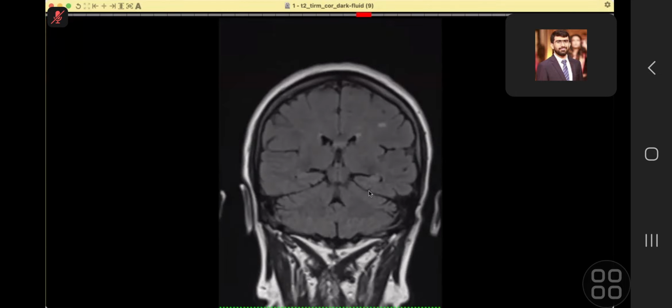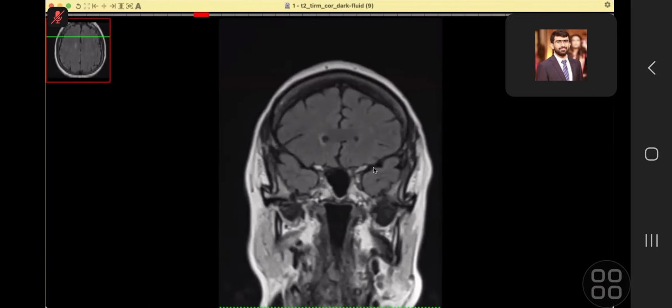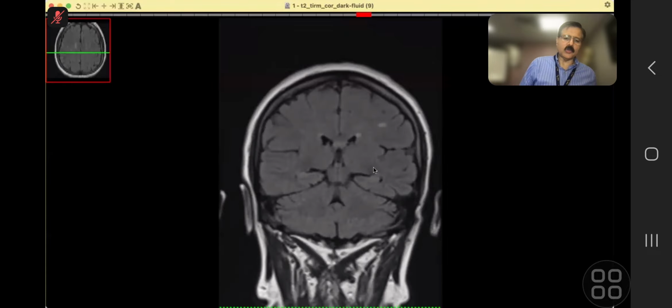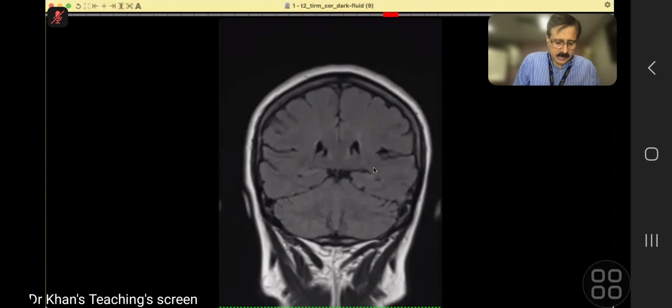These hyperintense signals are involving the subcortical white matter. These abnormal hyperintense T2 FLAIR signals are randomly distributed. So I'm not interested. Do you see any abnormality in the sulci?